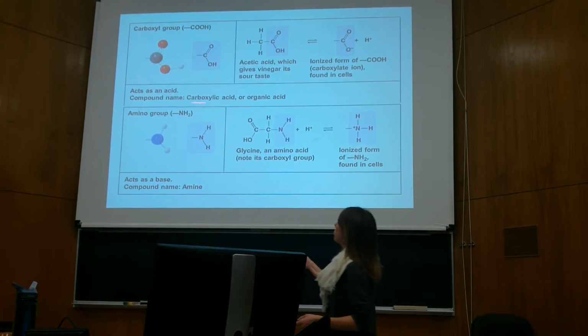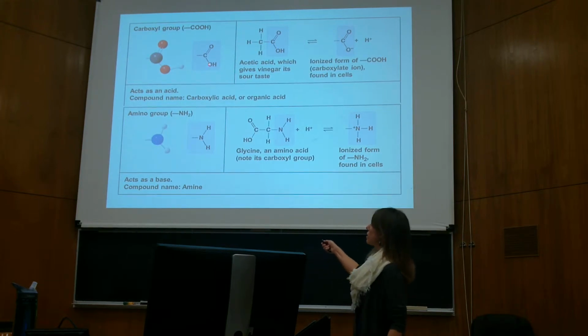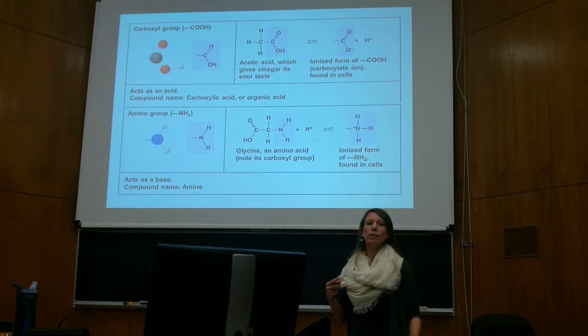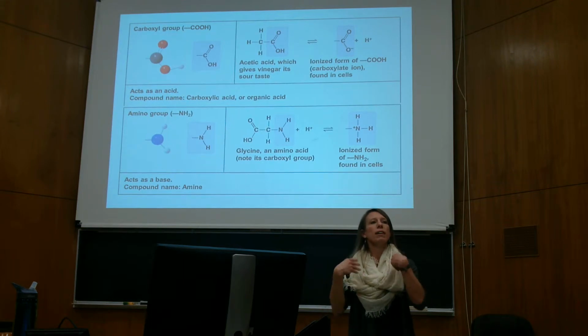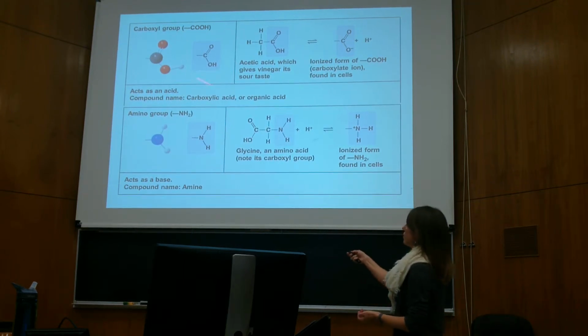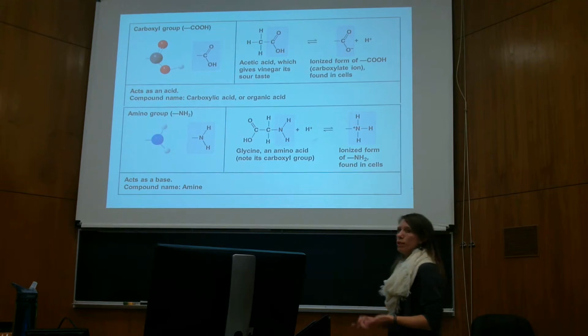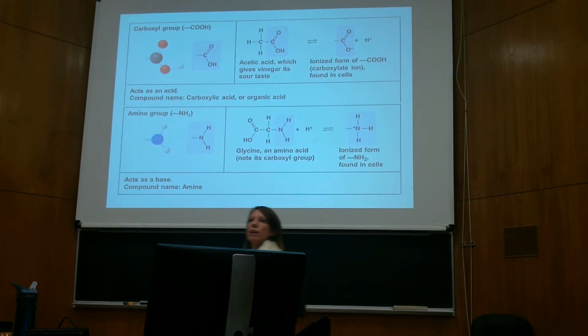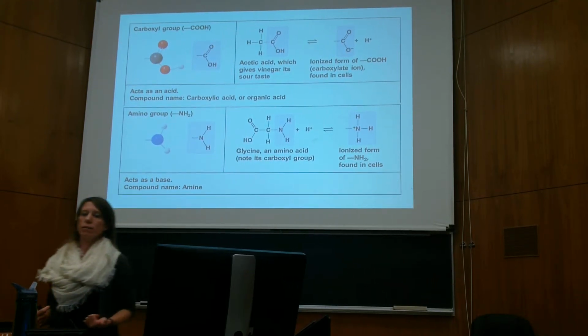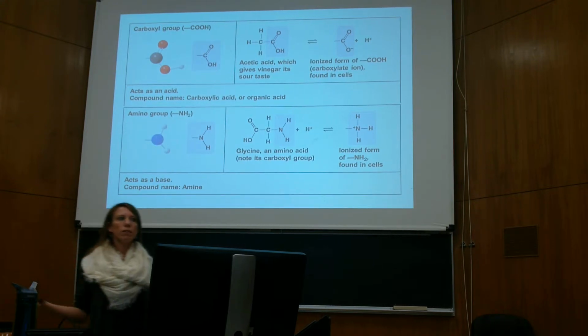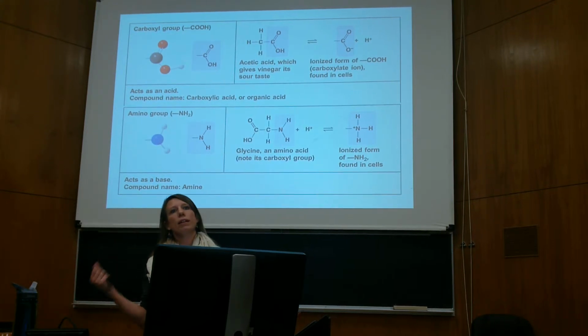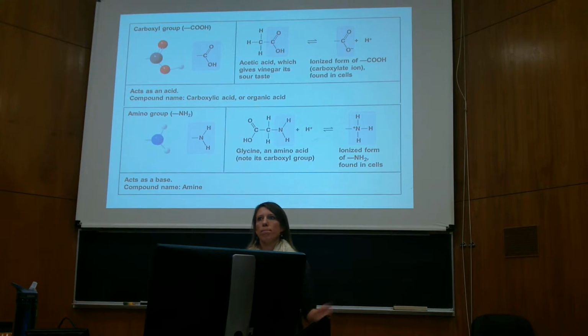The carboxyl group can release this hydrogen. When you release a hydrogen into solution, are you an acid or base? Acid, right? An amino group can take on an extra hydrogen. So if you're pulling a hydrogen out of solution, are you acid or base? A base. So if you're a molecule that has this on either end, like an amino acid, you can act as an acid or a base.